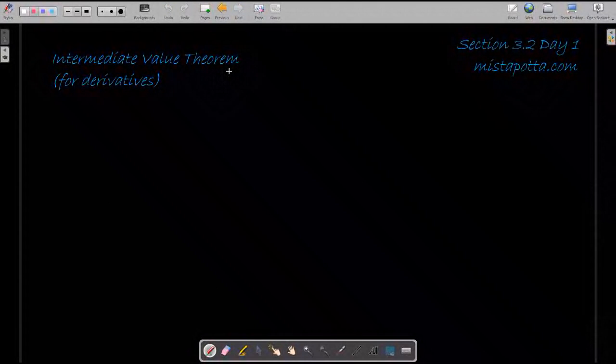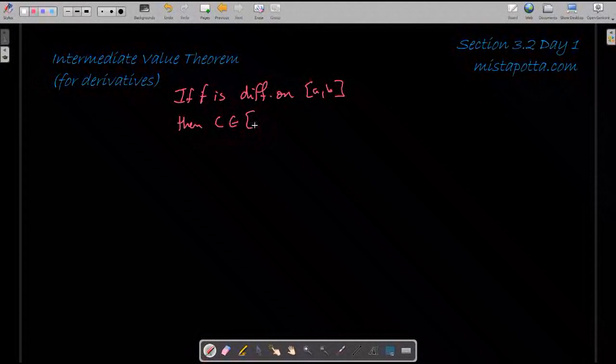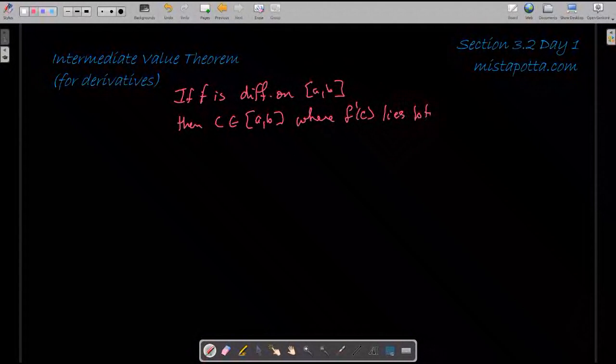The idea here is that if f is differentiable on some interval a, b, then there has to be a c in that interval a, b, where f prime of c lies between f prime of a and f prime of b.